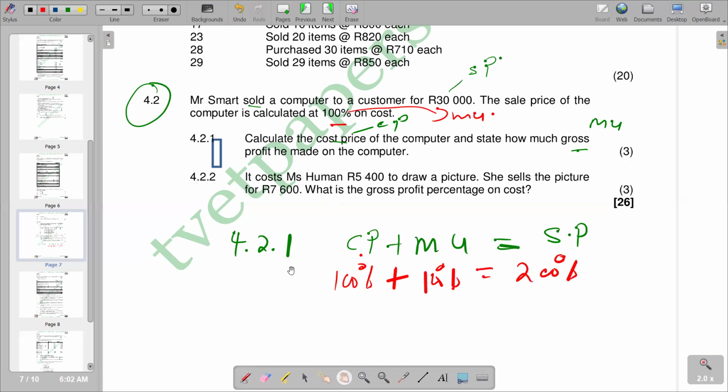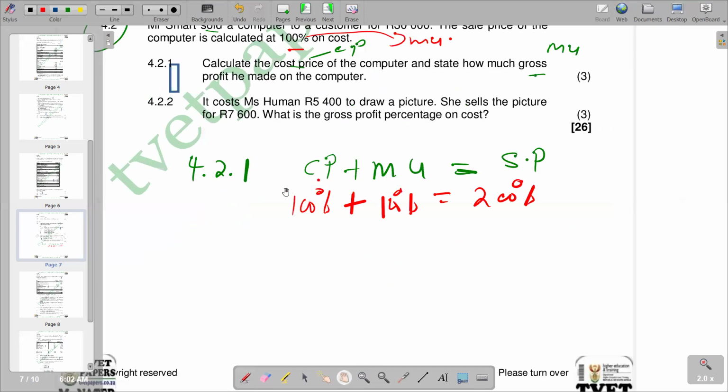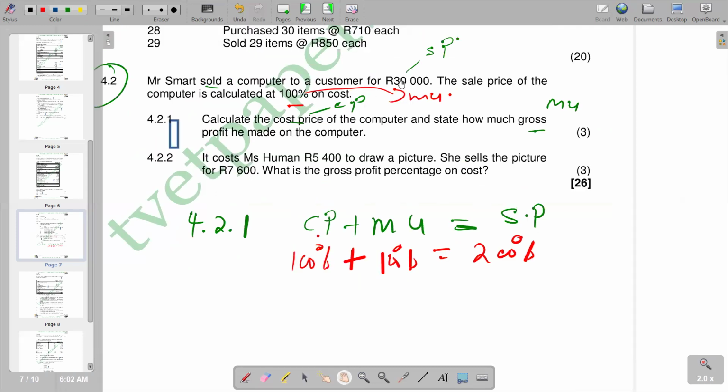Now you can make your representations: the figure given in the question is the selling price, 10,000, which is 200%. And the question asks us to calculate the cost price, which is 100%.